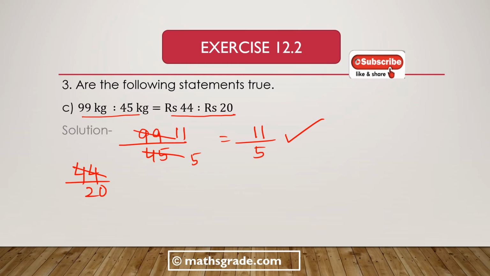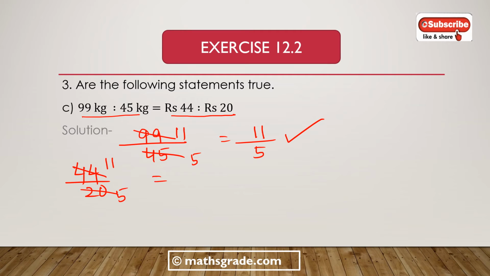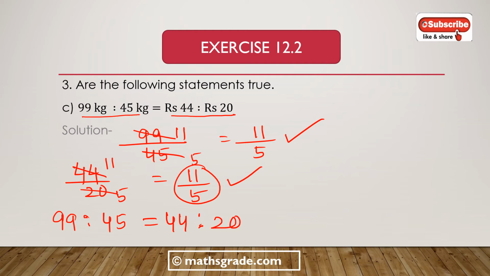Between 44 and 20, 4 is the highest common factor. So 44 divided by 4 is 11, and 20 divided by 4 is 5. So 11 divided by 5. So 99 kg is to 45 kg is equal to 44 is to 20. This is true.